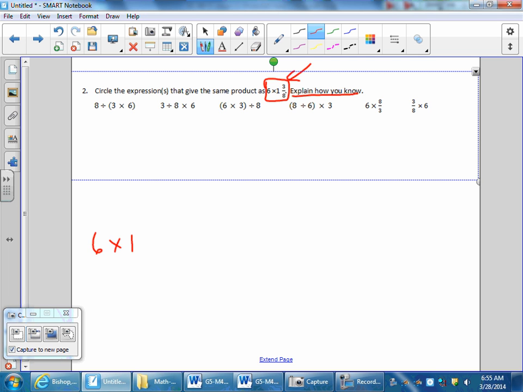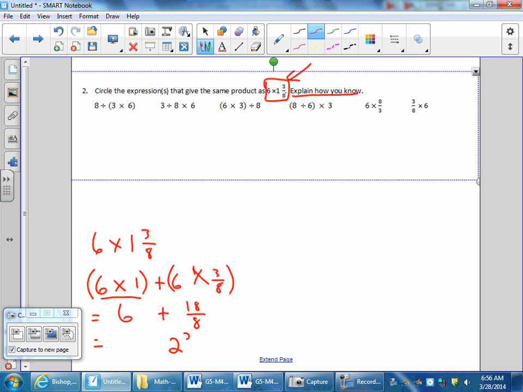6 times 1 and 3/8 would be 6 times 1 and 6 times 3/8. So 6 times 1 is 6, and 6 times 3/8 is 18/8. 18/8 is 2 and 2/8.